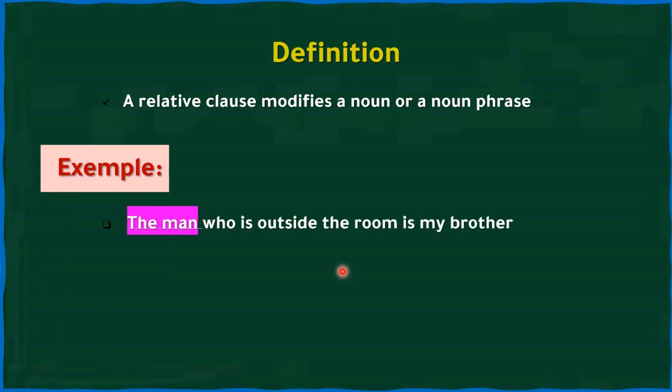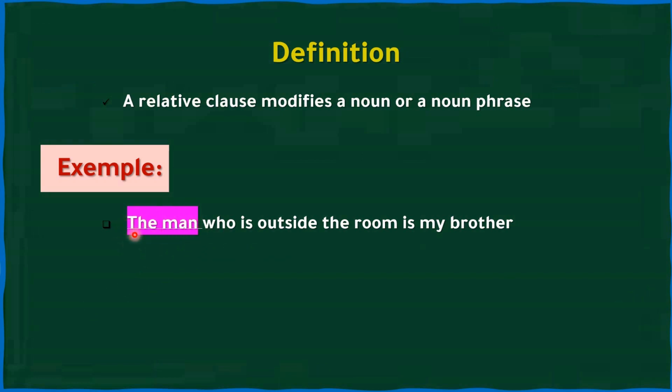Example: The man who is outside the room is my brother. The underlined word is the man. The man is replaced by who. Why who and not which? Because here it is a human being.